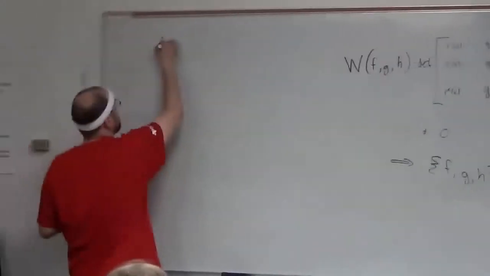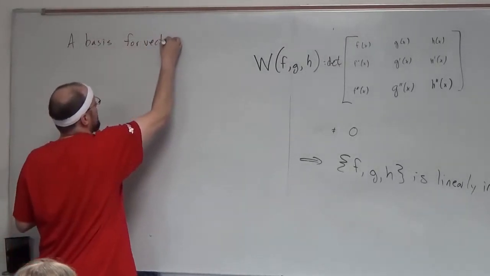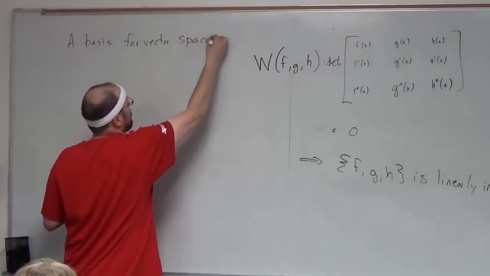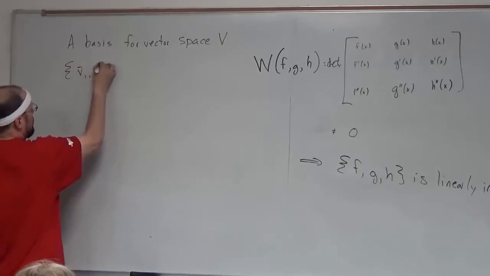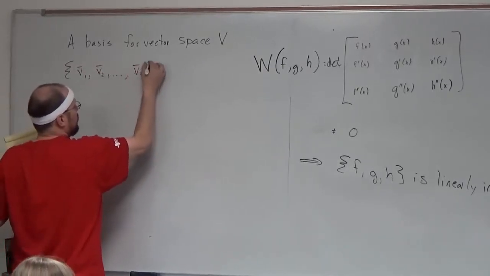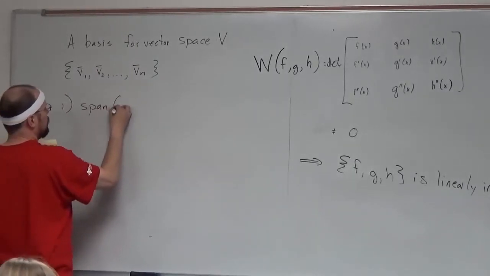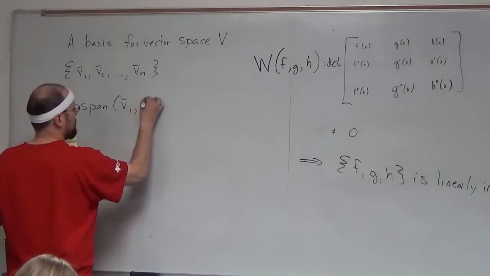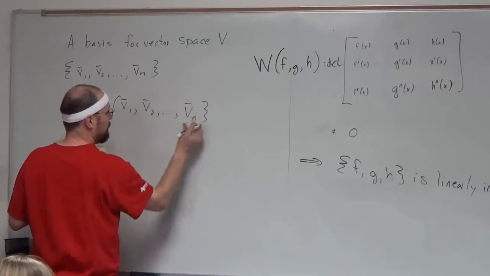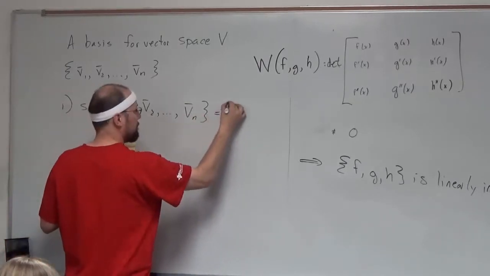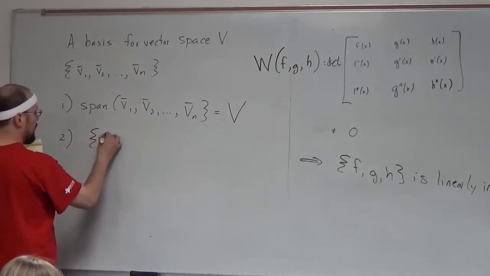So a basis for a vector space is a set of vectors, or set of elements, whatever, such that number 1, this set spans the space, so you can write any vector in your space as a linear combination of these. And number two, it's a linearly independent set.